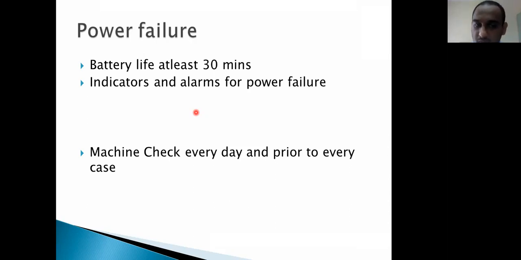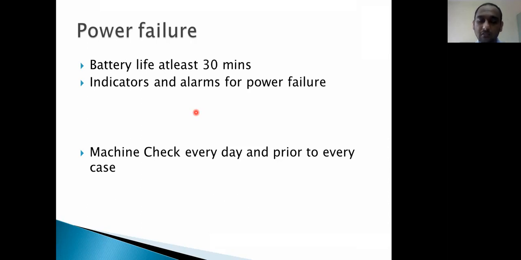Then the anesthesia machine is such a complex machine with so many components and parts that could malfunction. So the anesthesia machine is to be checked each and every working day prior to taking the first case, and a short checklist is there to check the machine after every patient.